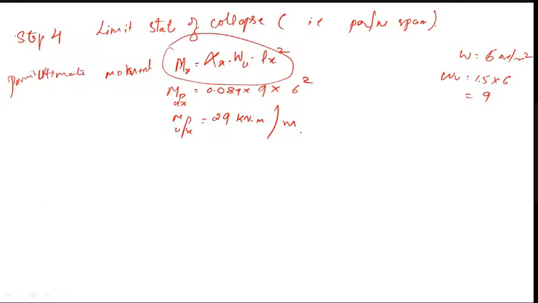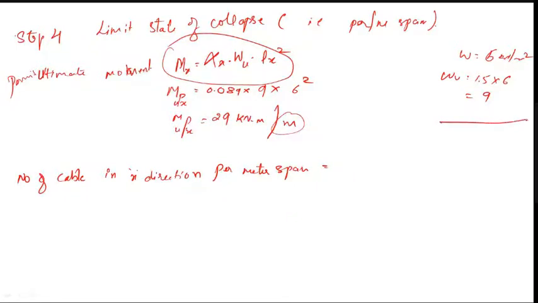Now see, as you have taken for per meter, for limit state of collapse, what we will do, number of cables in x direction per meter span. We'll draw here. Now we had how many cables? 26 cables for the middle strip.